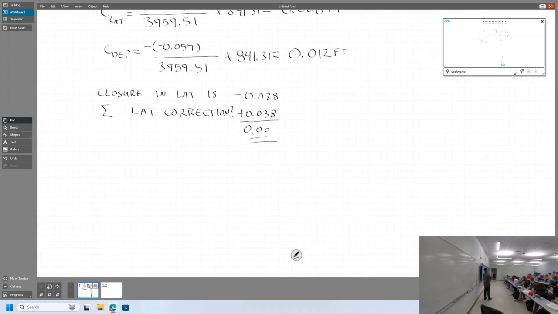That means we did our formula correctly, we went through the process, and we know that this adjustment is going to be 0. So if we apply these latitude corrections to our coordinates, to our north and east, it should adjust everything to close back to 5,000, 5,000. That makes sense?